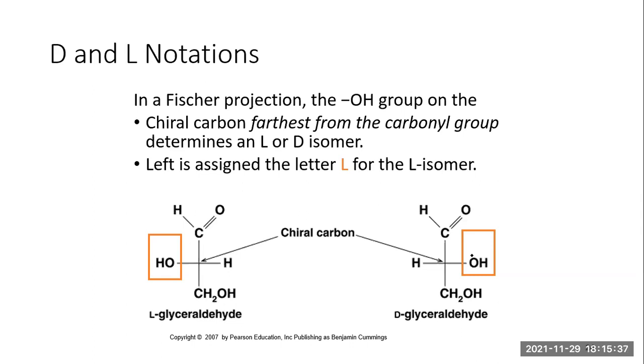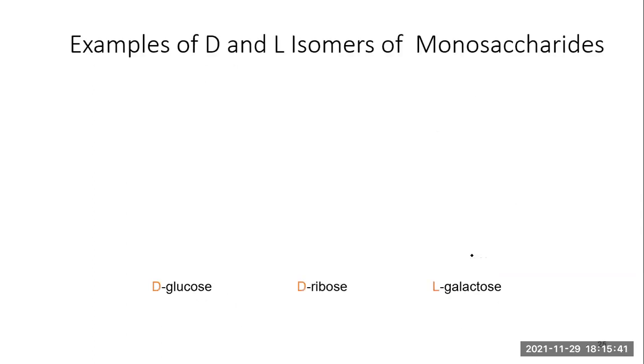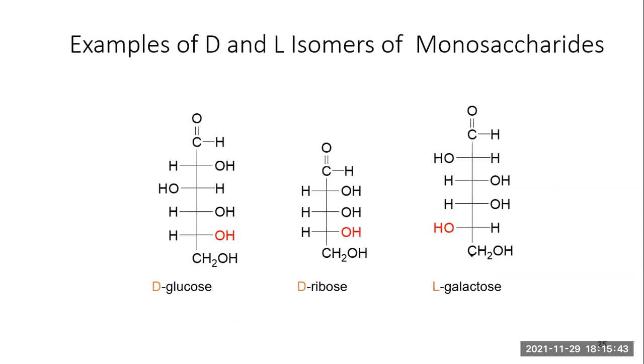So looking at some examples of D and L monosaccharides, here are a few that pretty much fill this page as well. You should put a little asterisk, same deal. You need to be able to recognize the structure of glucose, ribose, and galactose.